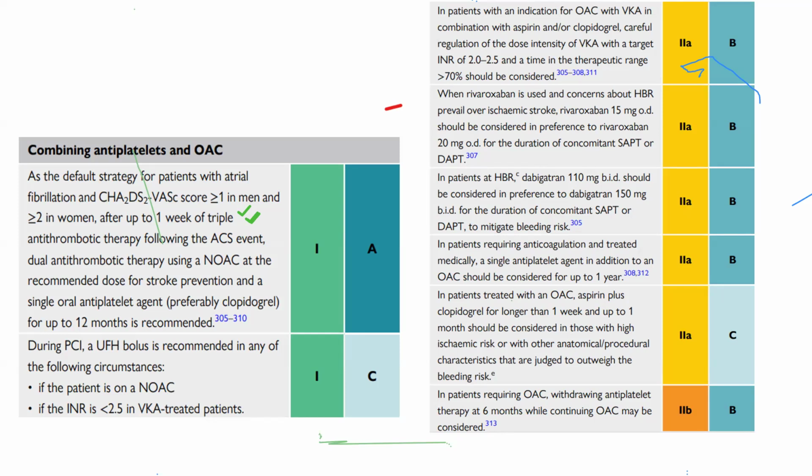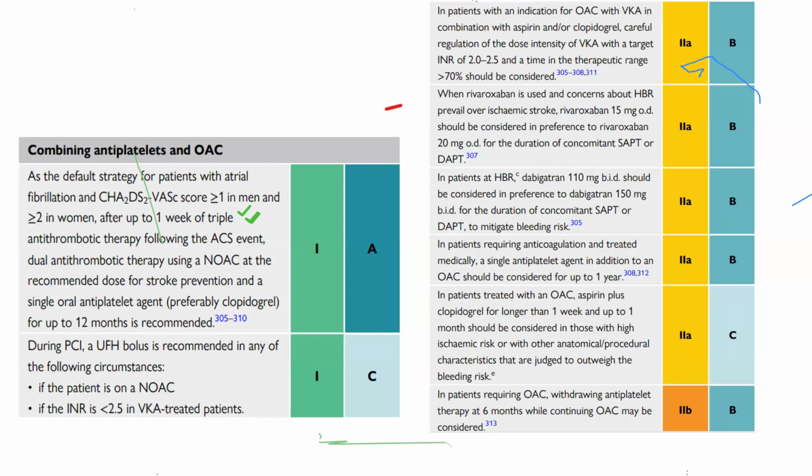During PCI, unfractionated heparin bolus is recommended in any of the following circumstances: if the patient is on a NOAC, or if INR is less than 2.5 in patients who have received vitamin K antagonists.